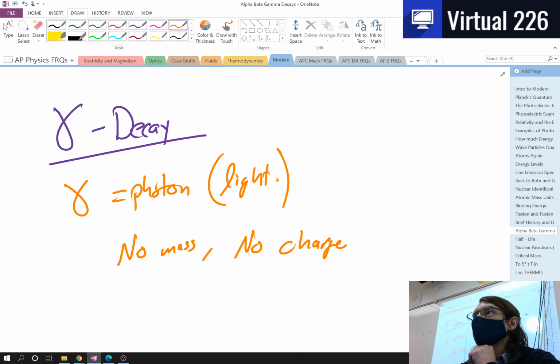Because of this, since there's no mass and no charge, we're not going to have a change in our element. Whatever we have at the beginning, magnesium, lithium, whatever you have, it's going to stay as that. But something needs to happen here so that we release some energy in the form of this photon for a gamma decay.